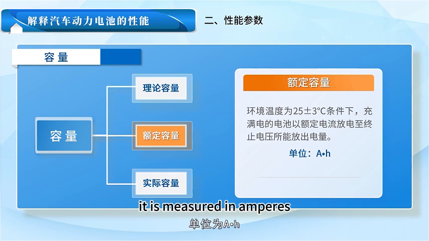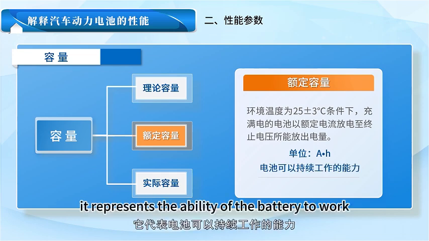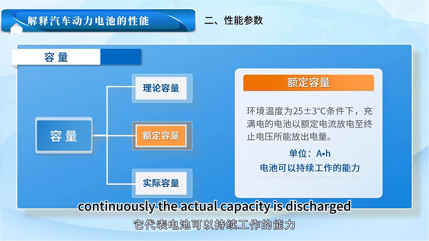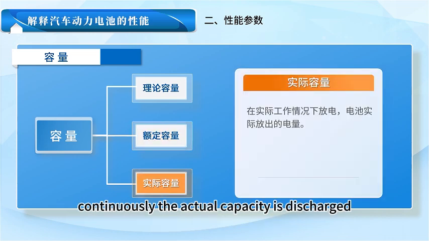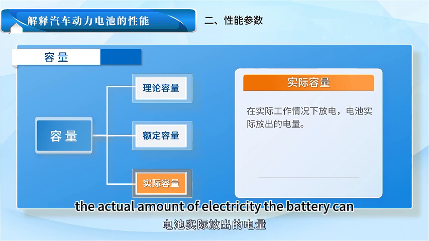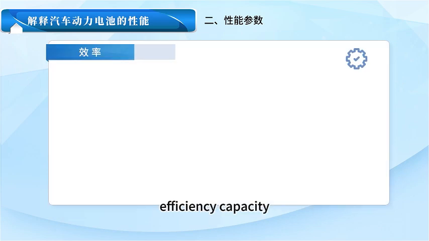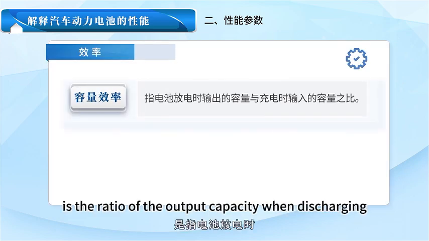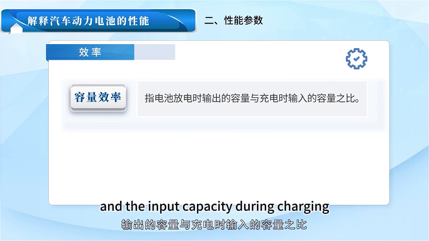It is measured in ampere-hours and represents the ability of the battery to work continuously. The actual capacity is the actual amount of electricity the battery can release under actual working conditions. Capacity efficiency is the ratio of the output capacity when discharging to the input capacity during charging.